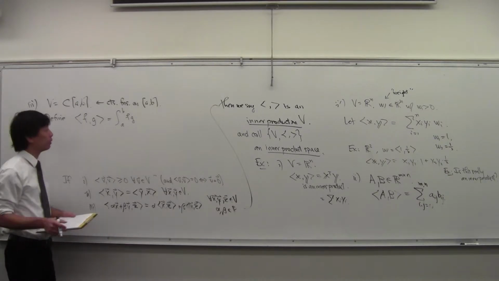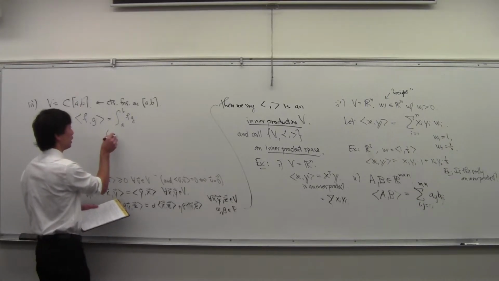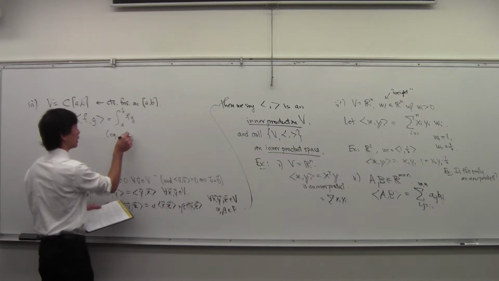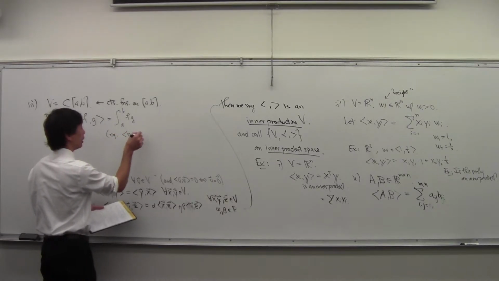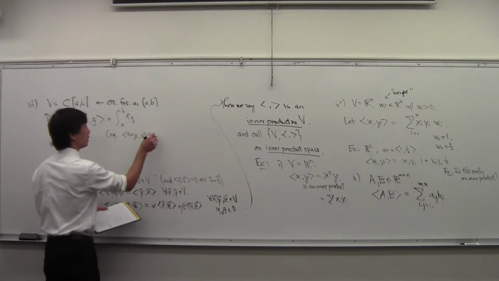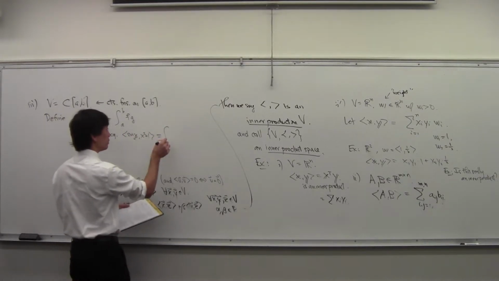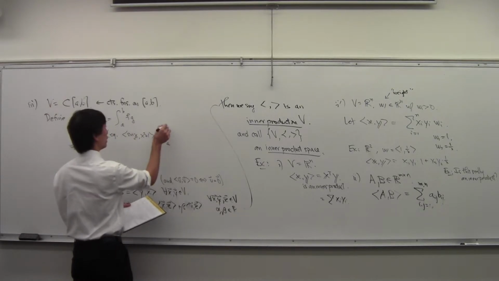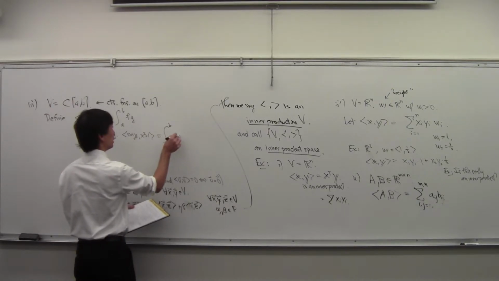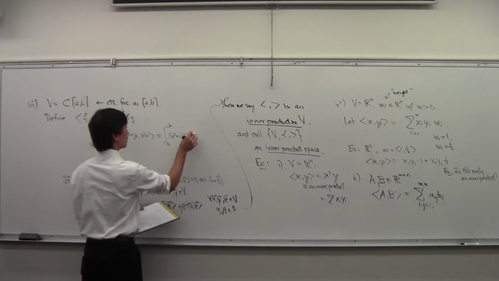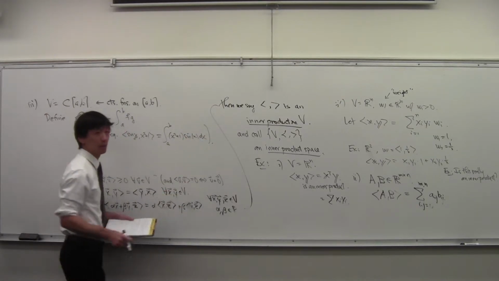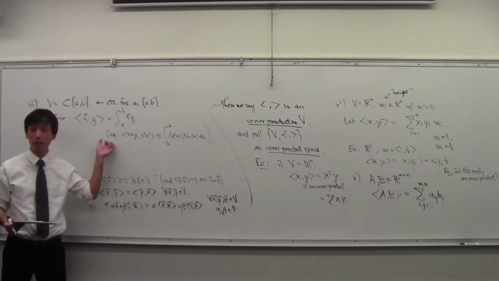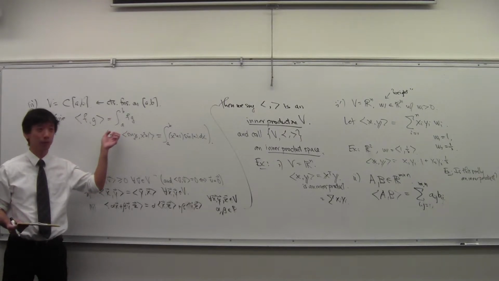For example, if you have the sine function and the polynomial x squared plus 1, then their inner product would just be the integral from a to b of x squared plus 1 times the sine function. So you just multiply the functions together and you integrate them over the interval.